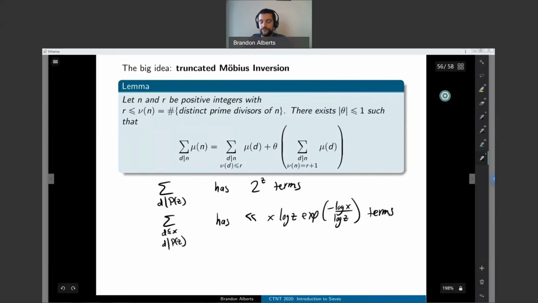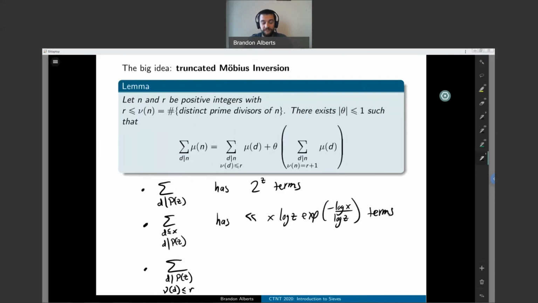But when we were talking about Brun's pure sieve, I was talking about how the second error term was a much bigger improvement on x. That's because, rather than truncating the sum by saying we're only looking at d smaller than or equal to x, what if we only look at d that have less than or equal to r prime factors?